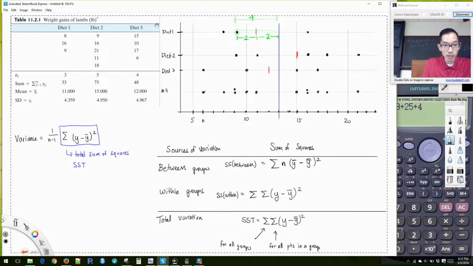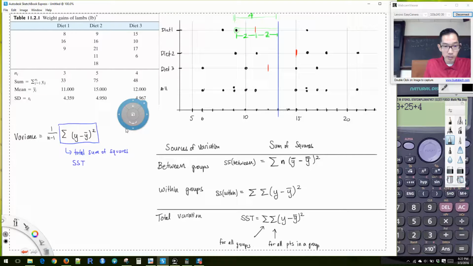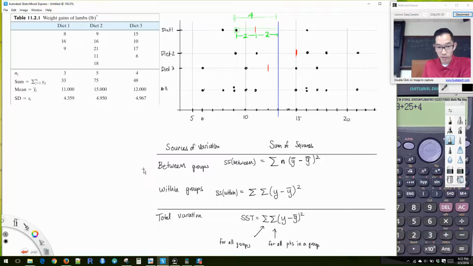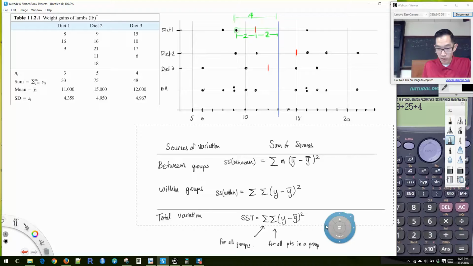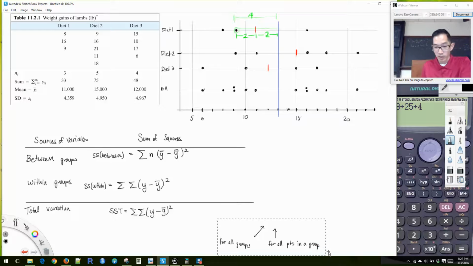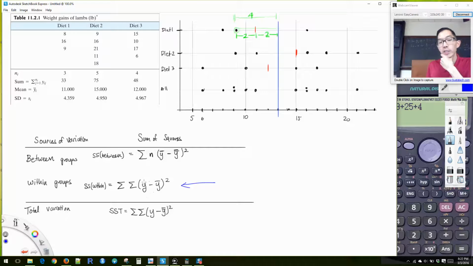Our sum of squares within is often going to be rewritten, because our calculation of sum of squares within depends on us having the individual data points y.